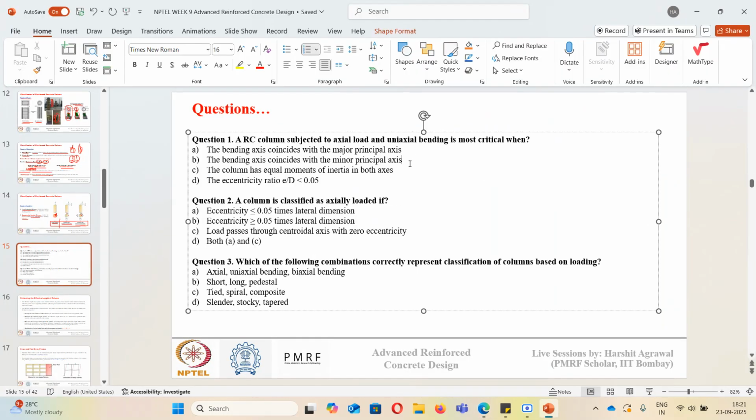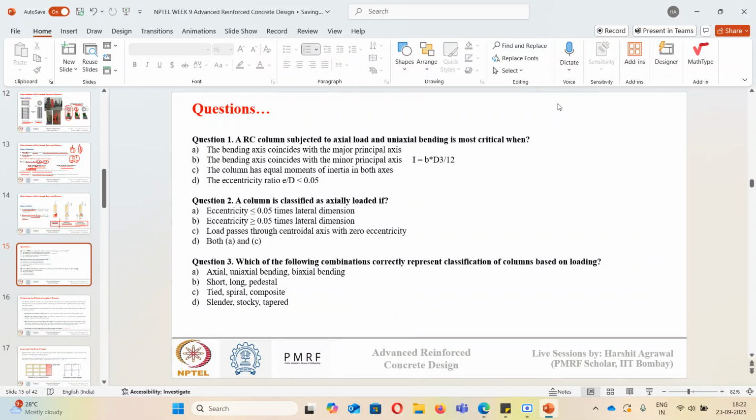So see, this classification of major axis and minor axis is done based on the moment of inertia. You know moment of inertia has the formula I is equal to b d cube by 12. If the dimensions of a column are different, say one side is 300 and one side is 450, then along one direction my b value will be 300 and d value will be 450, and along the other direction b will be 450 and d will be 300.